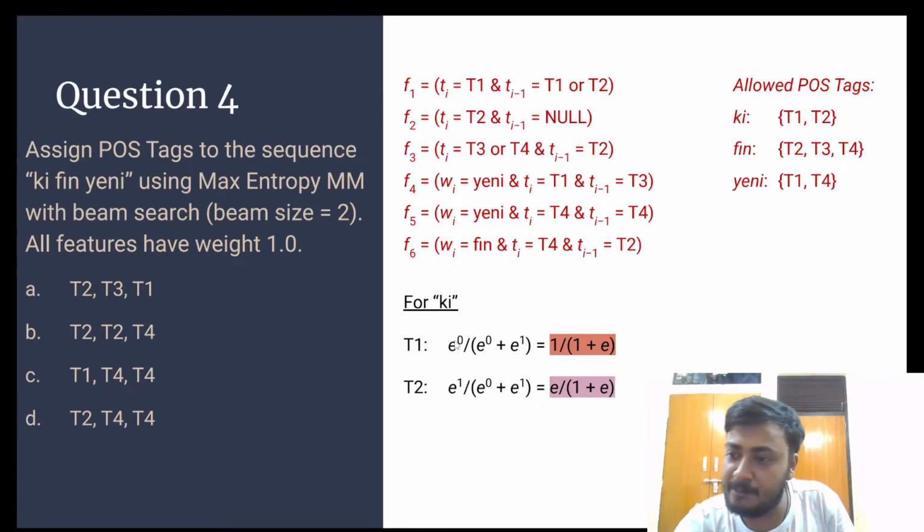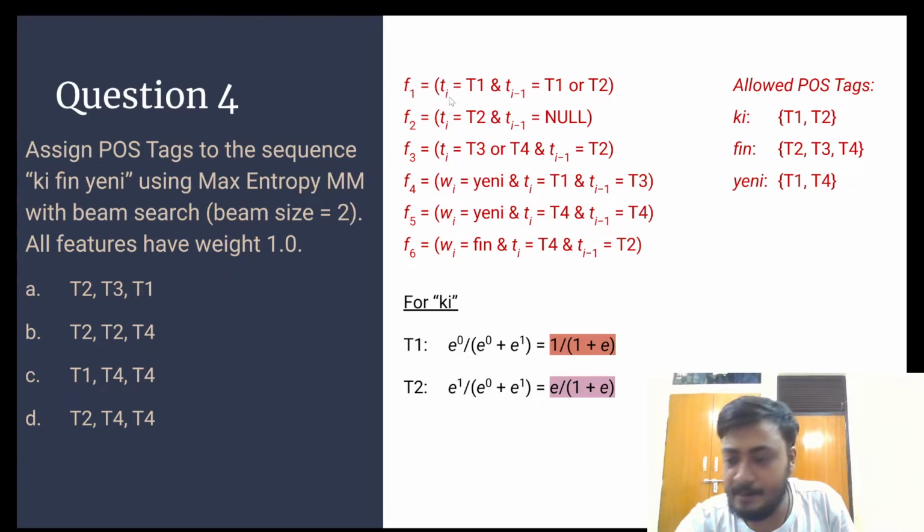But because the lambdas are all 1, you can just simply count how many features are applicable, and then just add it up over here, right? So for key and T1, where Ti is T1 and Wi is key, can you find any feature which is applicable?